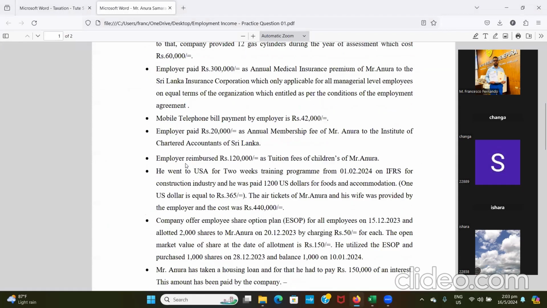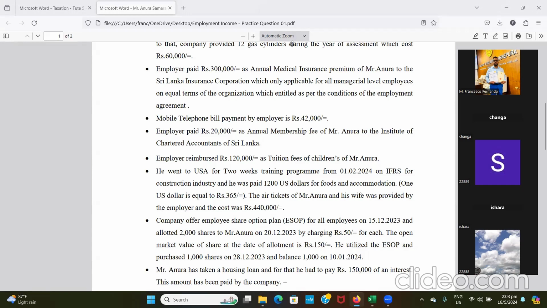Does anyone like to read this adjustment? Is there anyone who likes to read it? Okay, no one likes to read. I'll read.